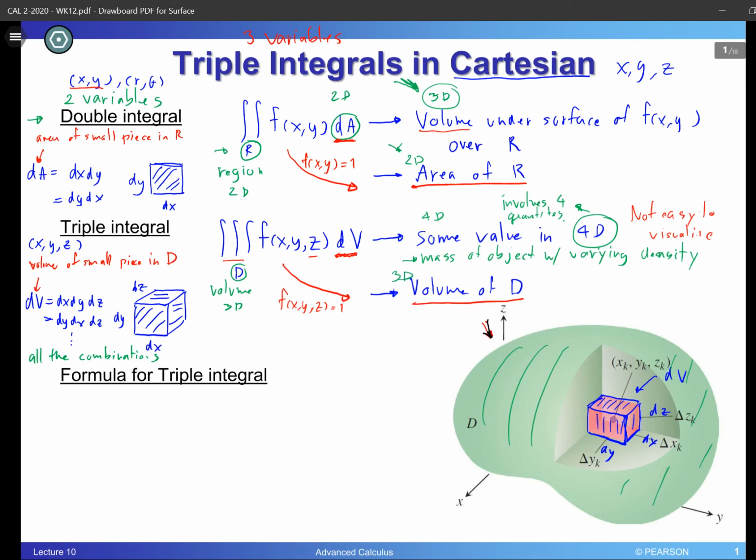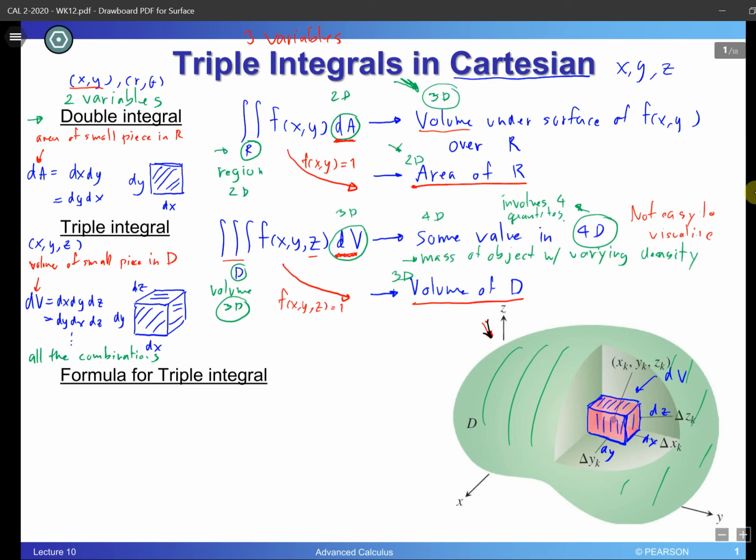Okay, that is the overview of the double integrals and triple integrals and the comparison between them. So now the most important thing is this dV right here that is going to be a little bit different. So keep in mind that this is something in 3 dimensions, and now your integration domain D is also in 3D. Now let's take a look at the formula of the triple integral in general.